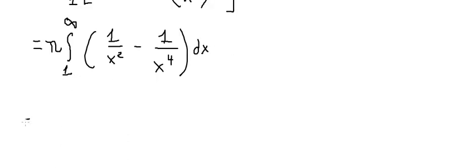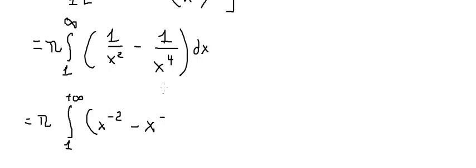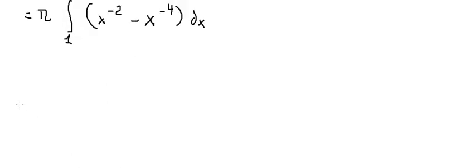Next, this one we can write as s to the power of negative 2, and the second one as s to the power of negative 4. So now we have the final answer.